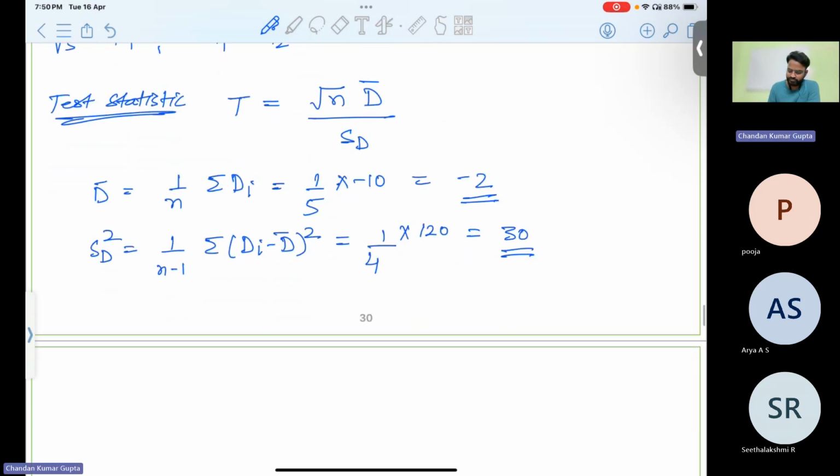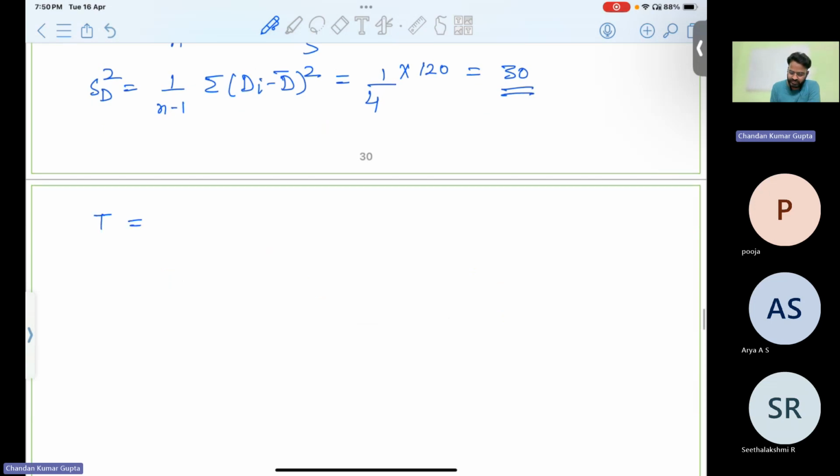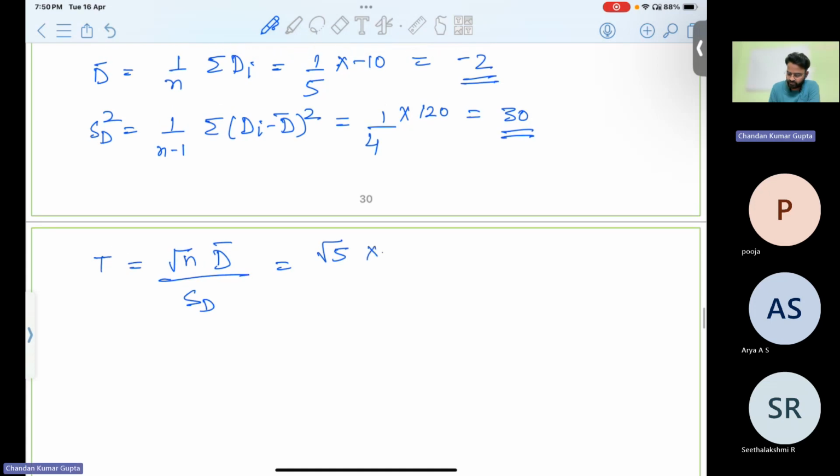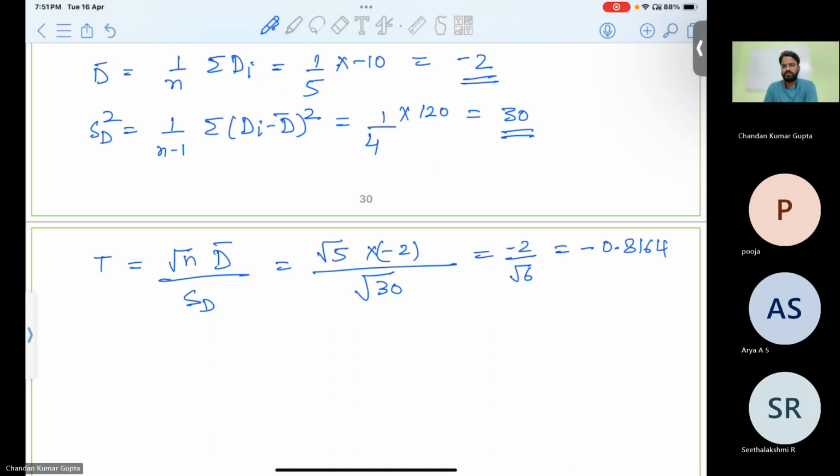So we have d bar, and we have SD squared. Our t statistic is root n d bar upon SD, which is root 5 into minus 2 upon root of 30. It simplifies to minus 2 upon root of 6, which comes out to be minus 0.8164.